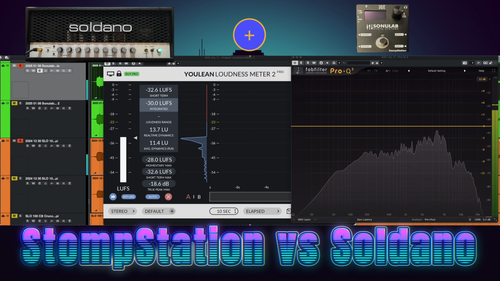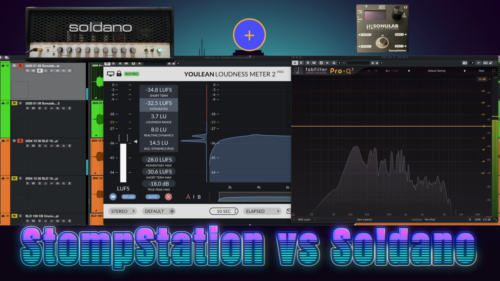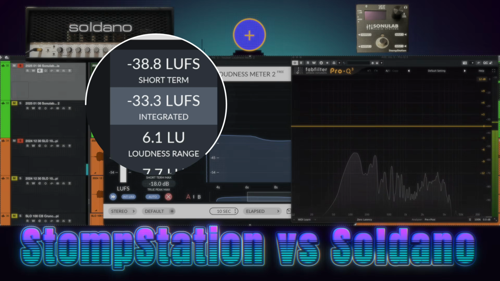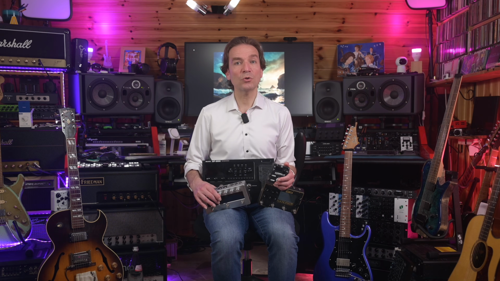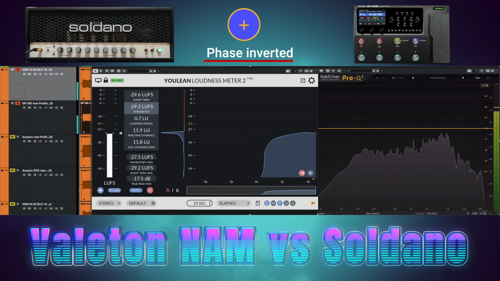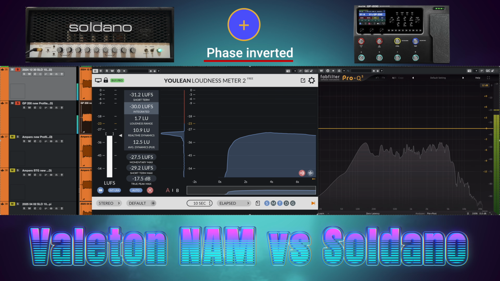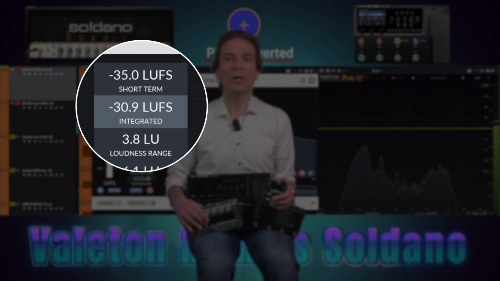And now Stomp Station versus Soldano. We have a minus 33.7, and finally GP200 versus Soldano. We have minus 31.3. And now let's put everything together.